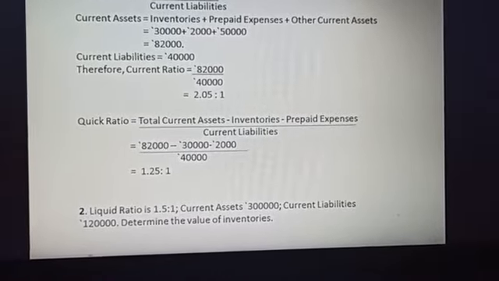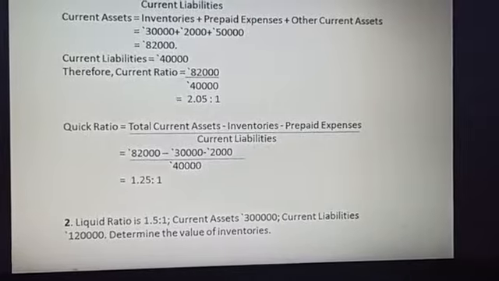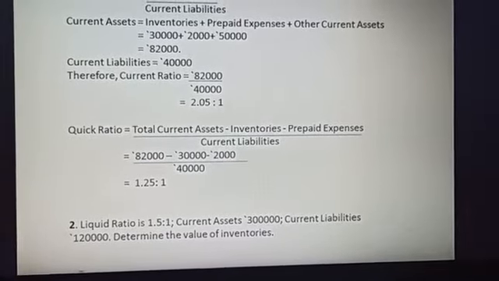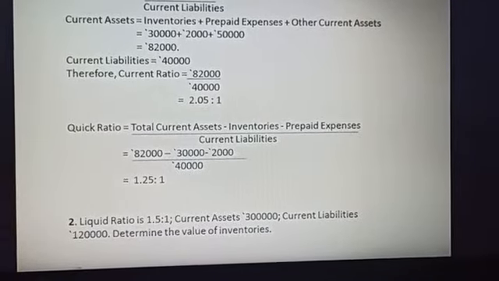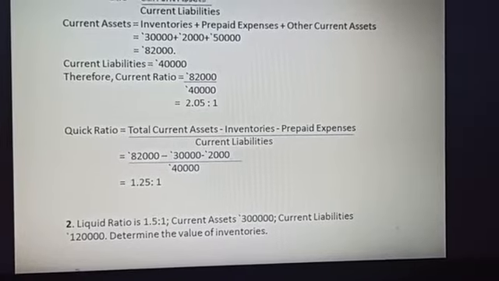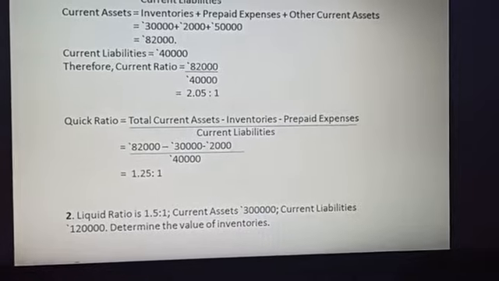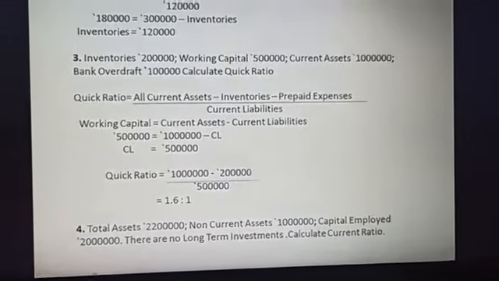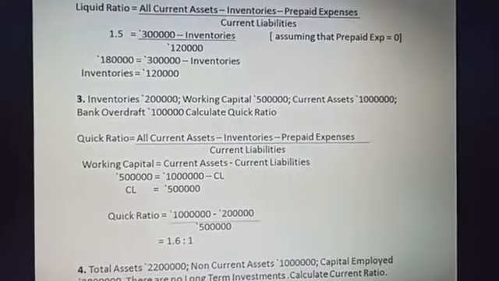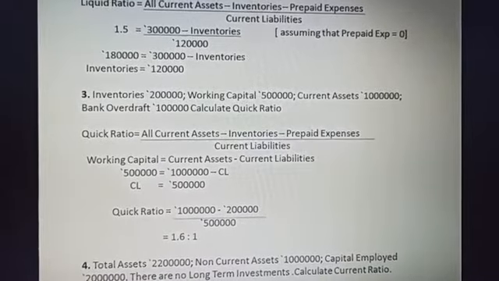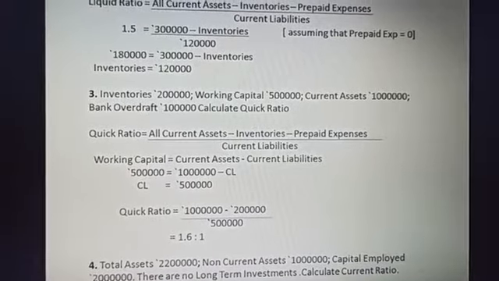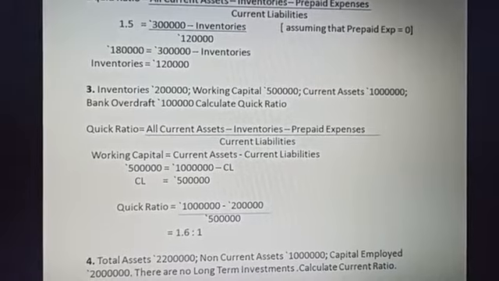The next sum, it is given liquid ratio, that is quick ratio, is 1.5 is to 1. Current assets 3 lakh, current liabilities 1,20,000. We are asked to determine the value of inventories. Now we all know that liquid ratio or quick ratio is all current assets minus inventories minus prepaid expenses divided by current liabilities.